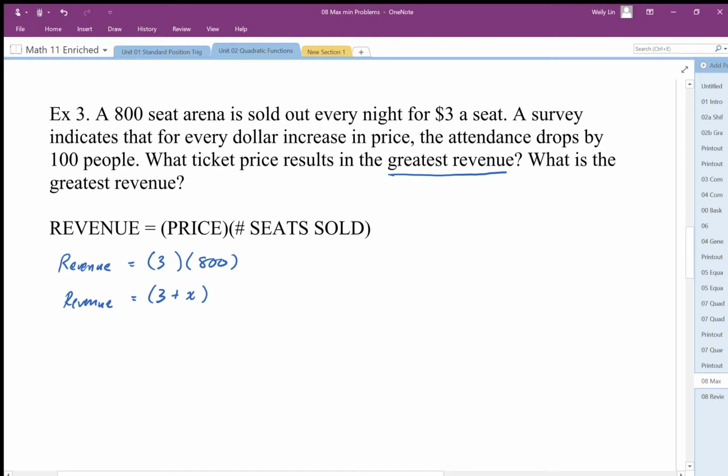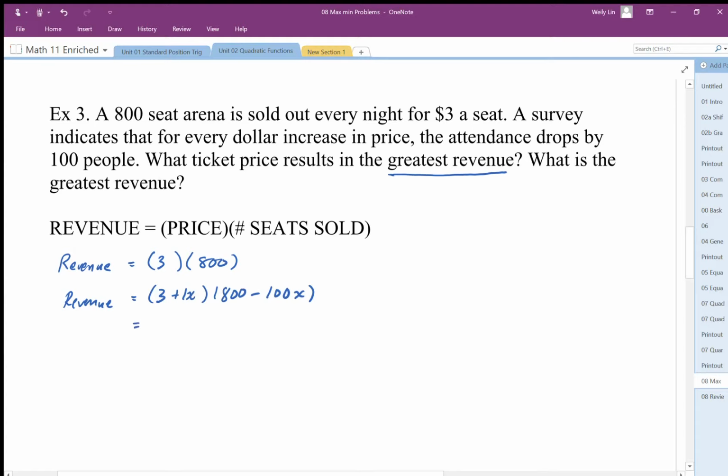For every dollar we increase, what's going to happen to the number of seats? We're going to take away 100 groups of x. For every $1 increase, we have a 100 person decrease. And by doing this, now we've generated our quadratic relationship.